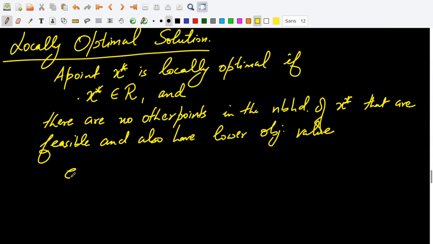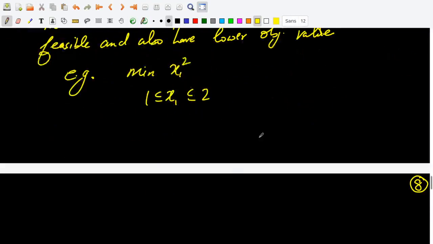So for example, let's say minimize x1 square subject to x1 between 1 and 2. x1 equal to 1 is a local optimal, is a locally minimum point.